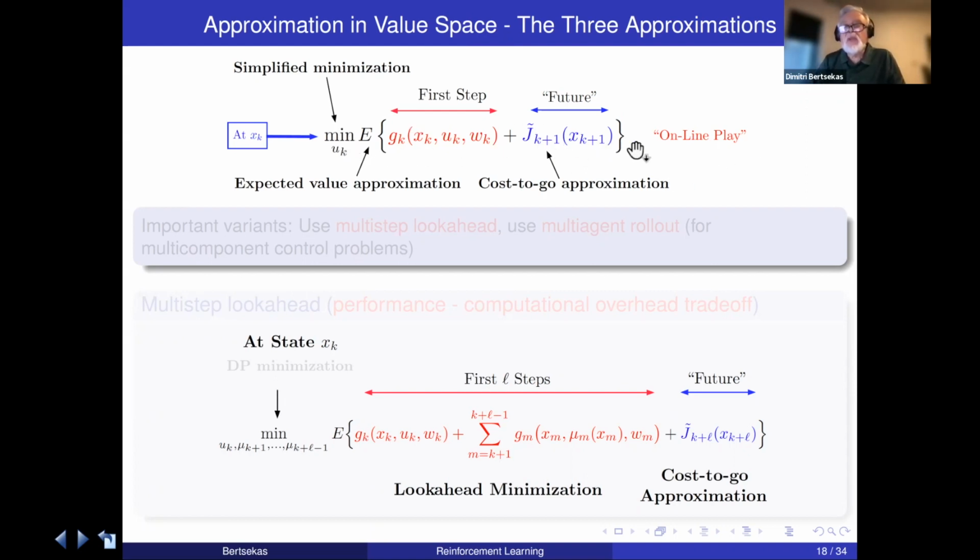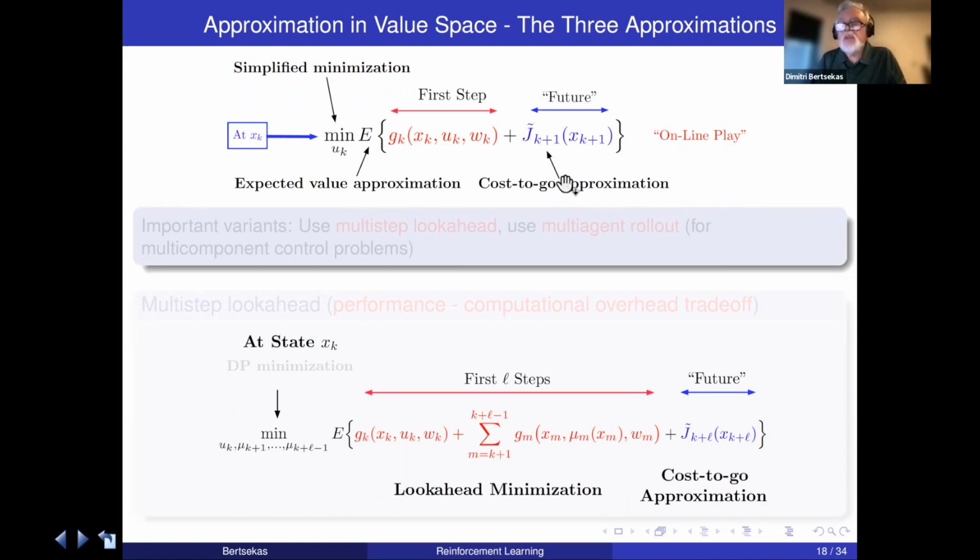So this minimization is like the dynamic programming formula, except that J tilde is used in place of J star. And there are three approximations here. And they are more or less independent. They can be designed independently of one another.